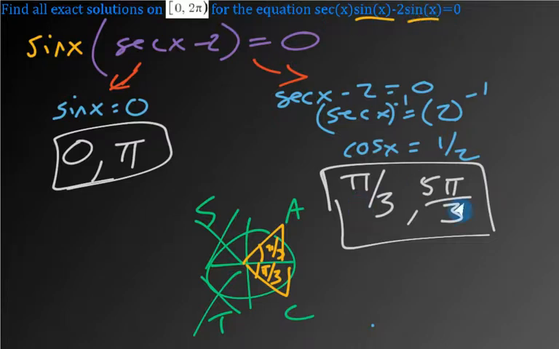And certainly these are not going to give you cosine equals 0 on the bottom, because we just solved cosine equal to 1/2. And also over here, where sine is equal to 0 is not where cosine equals 0. So 0 and pi are not going to be an issue here also. So it is important to make note of that, but it isn't a problem in this example.